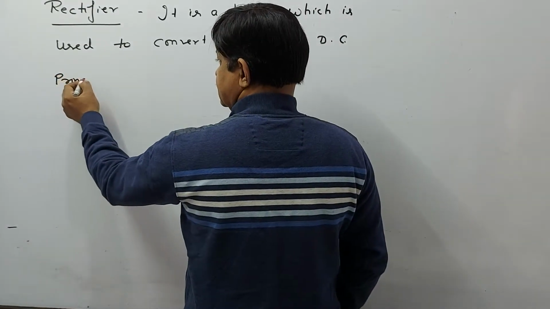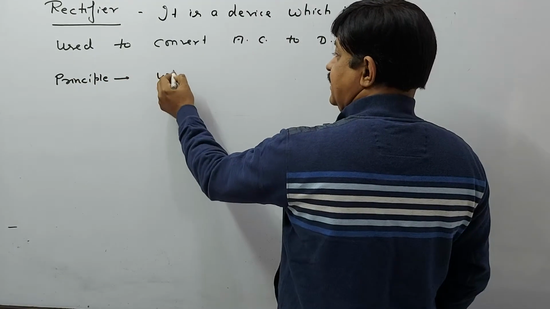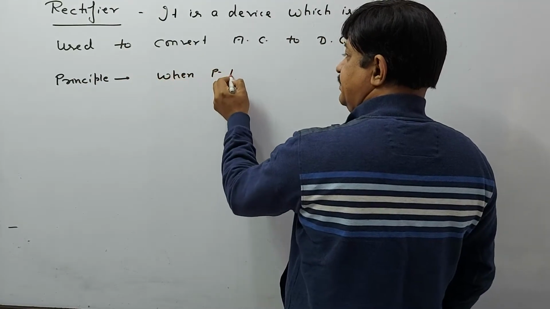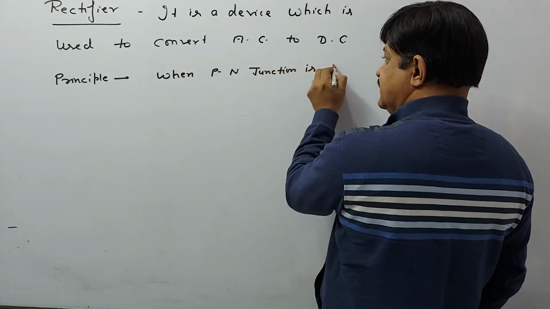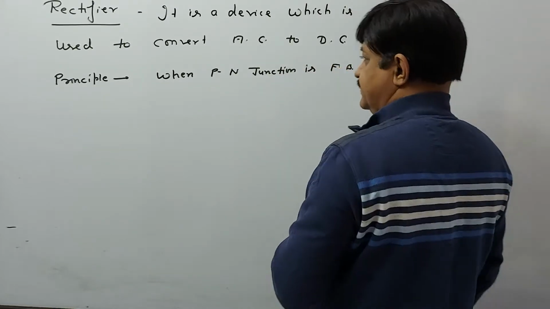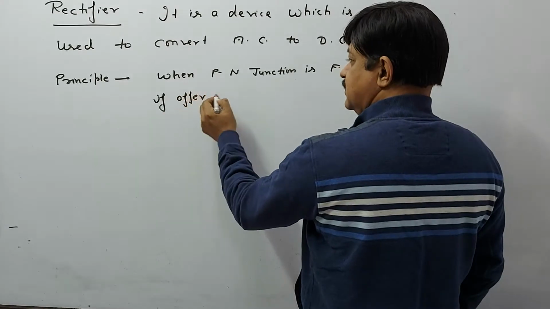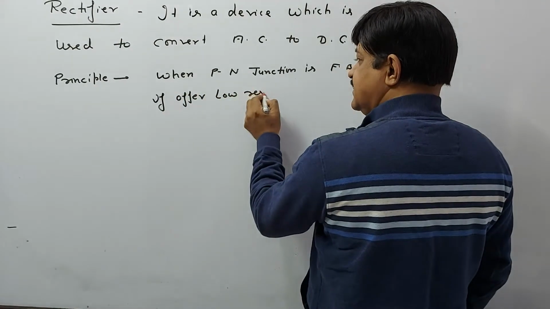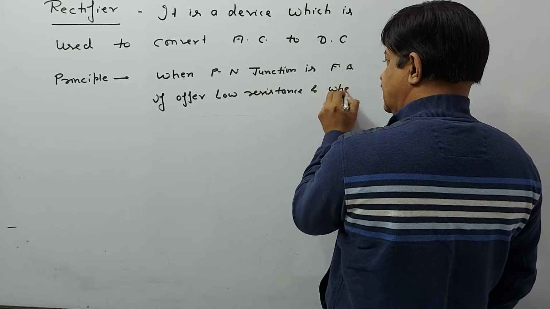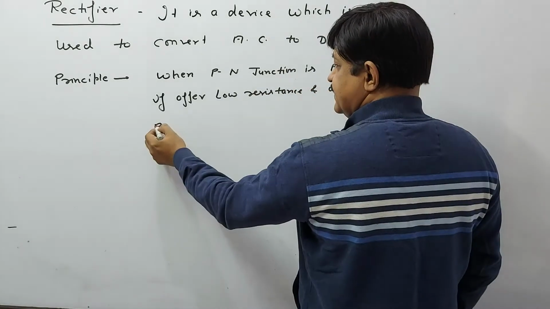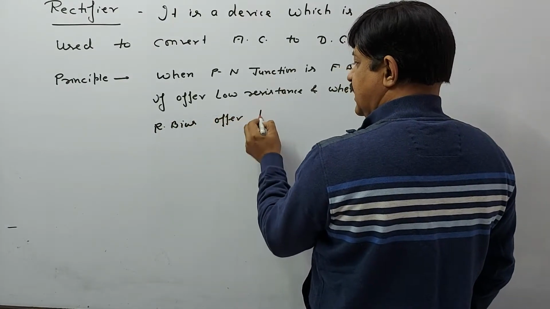Principle: when a PN junction is forward bias, it offers low resistance, and when reverse bias, it offers high resistance.